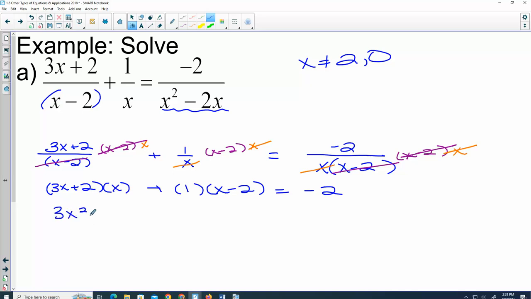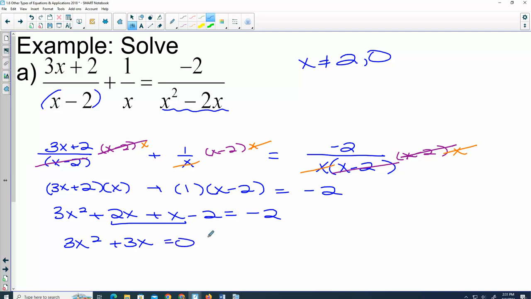This is 3x squared plus 2x plus x minus 2 equals negative 2. Combine my terms. It's a quadratic, we always set those equal to 0. What happens if you add your 2 over? They cancel. So we have 3x squared plus 3x equals 0.